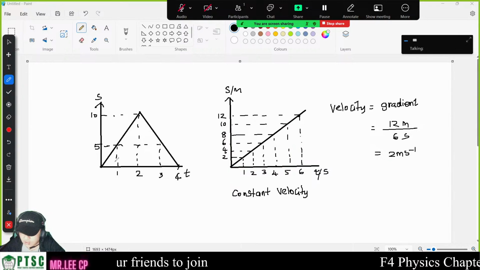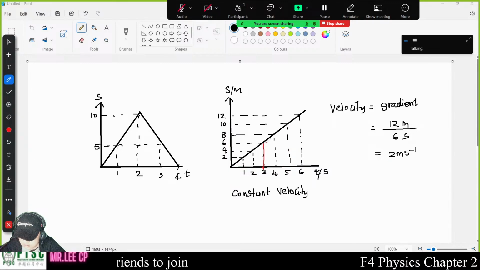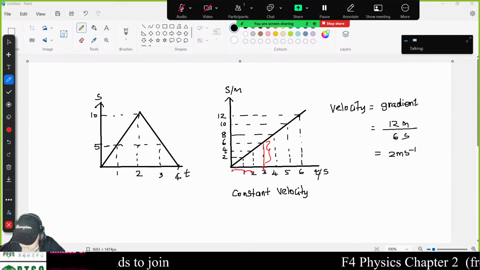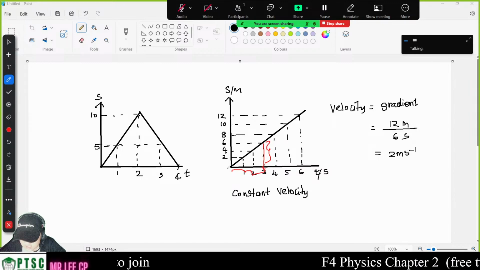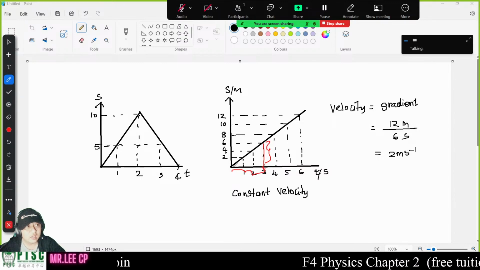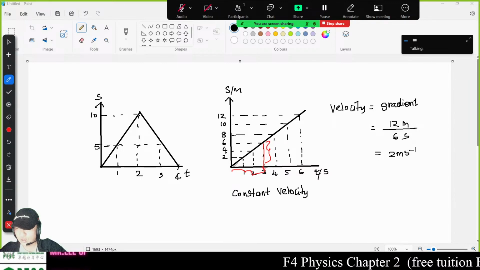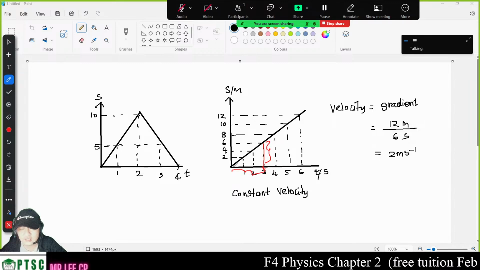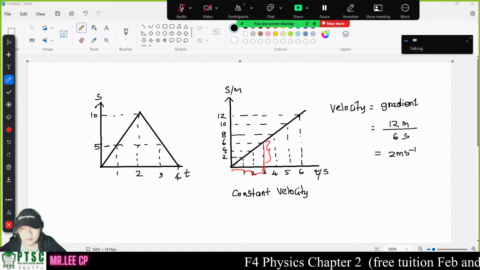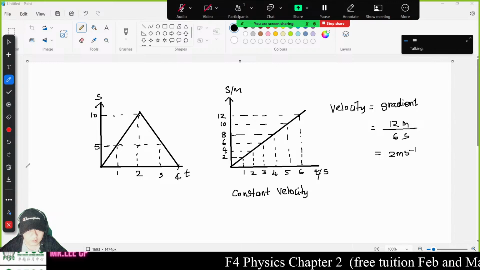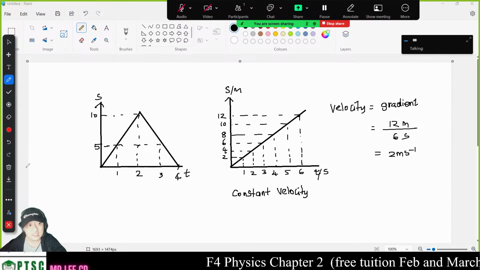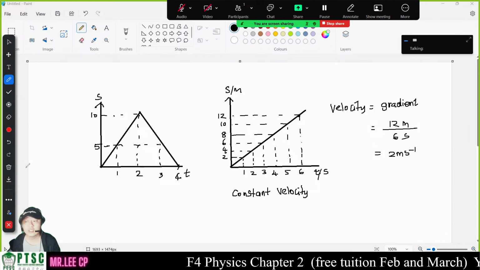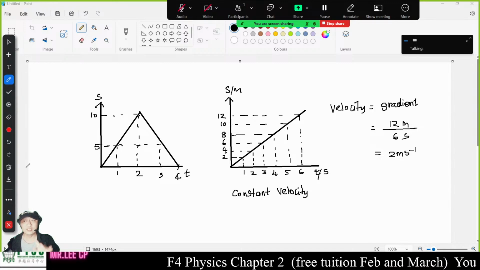Now, how about here? 6 divided by 3, still 2. Right? Why? Because they are moving with constant velocity. The velocity is the same. Do you get what I mean? Not getting faster, not getting slower. It is a constant velocity.